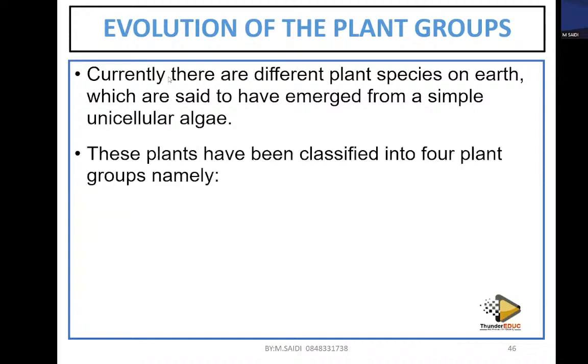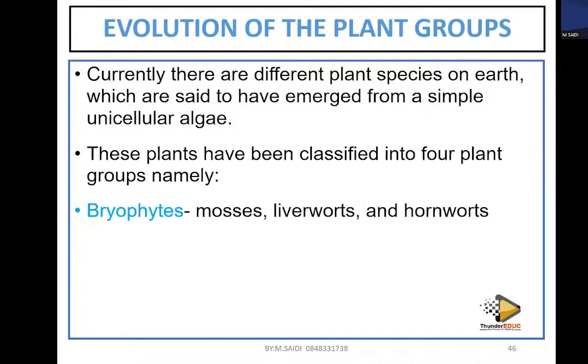So these plants have been classified into 4 plant groups. The first group is what we call the bryophytes. Examples of bryophytes are the mosses, the liverworts, the hornworts. Have you ever seen these? Have you got a chance for your teacher to take you where these bryophytes are, or to bring them into your class?